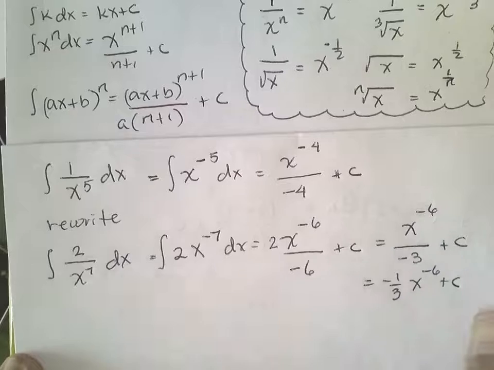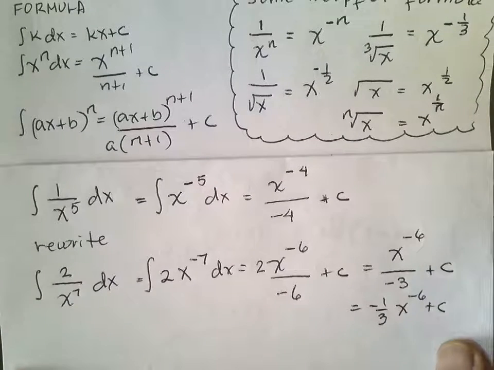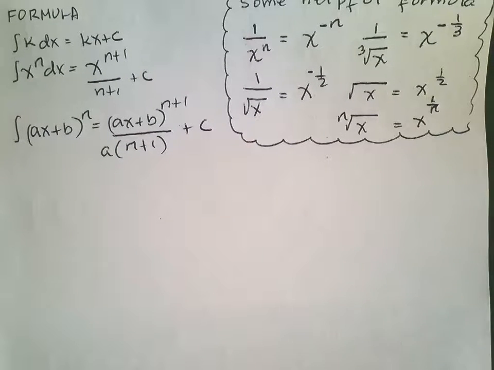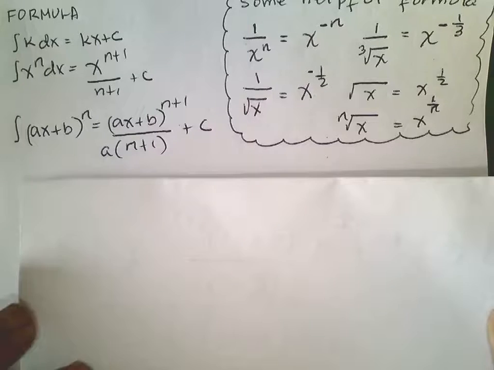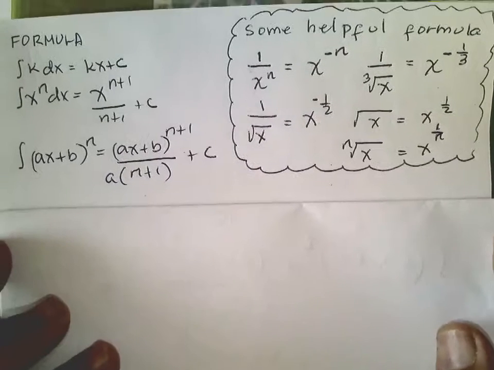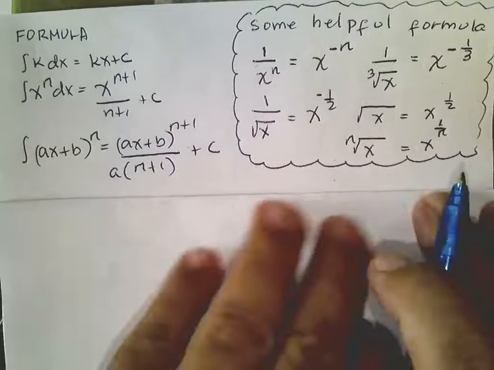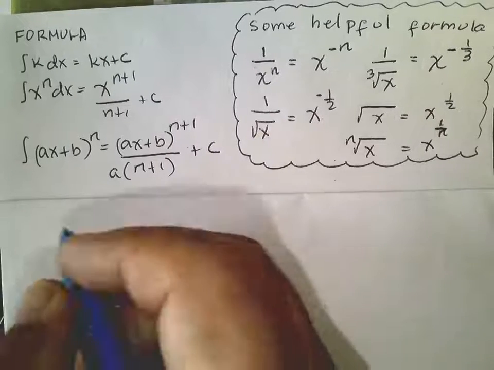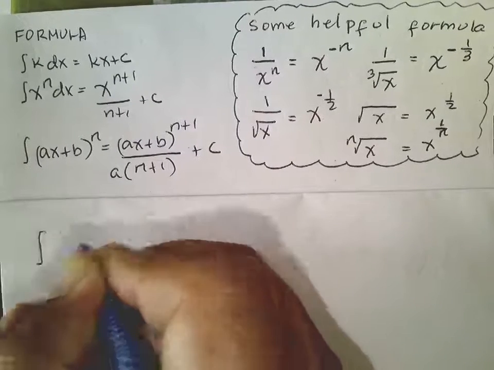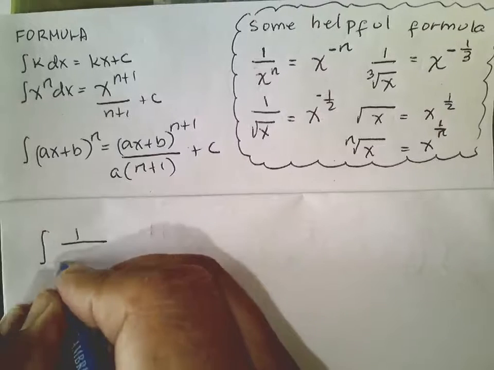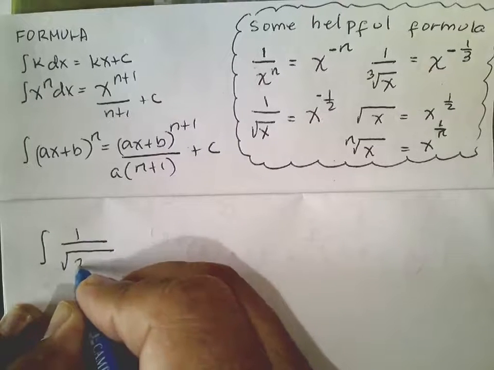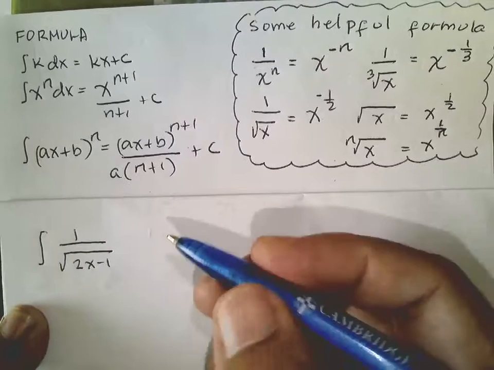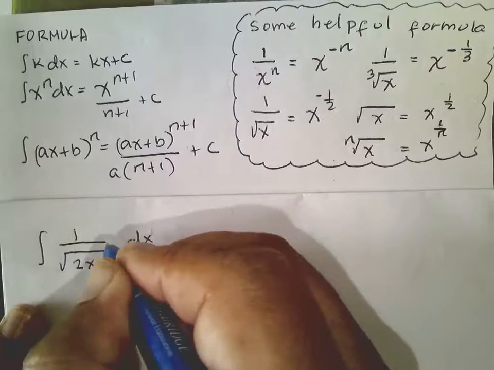Now, I want to give you another example. Let me just fold this for a while so I have extra space. So for example, you have this question in this format. Suppose I have the integral of 1 over the square root of 2x minus 1 with respect to x.